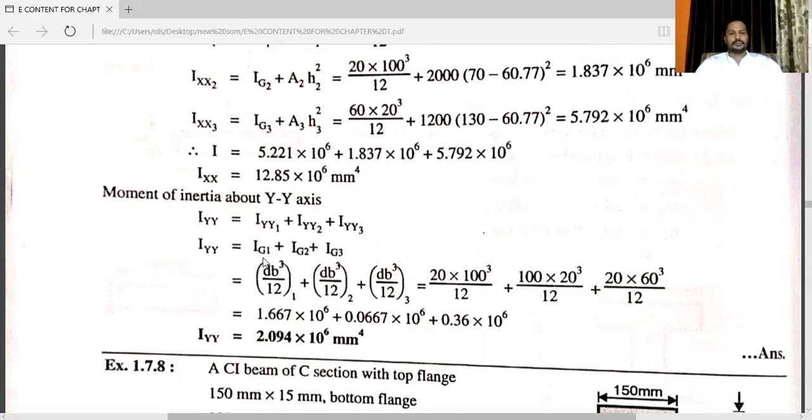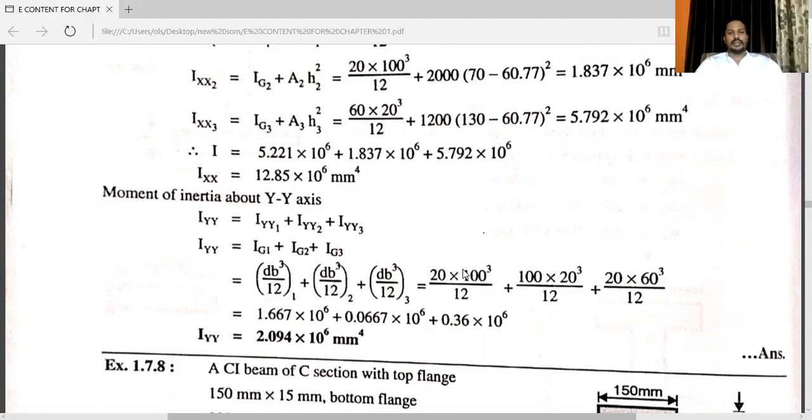So here, again, the formula is db cube by 12, db cube by 12, db cube by 12. That is the formula for moment of inertia about the centroidal axis. We have all the dimensions of each and every rectangle.